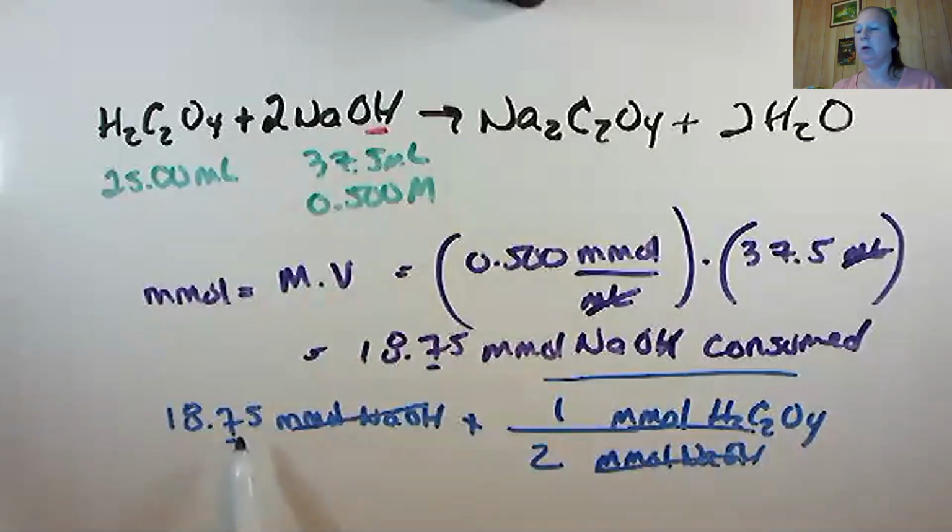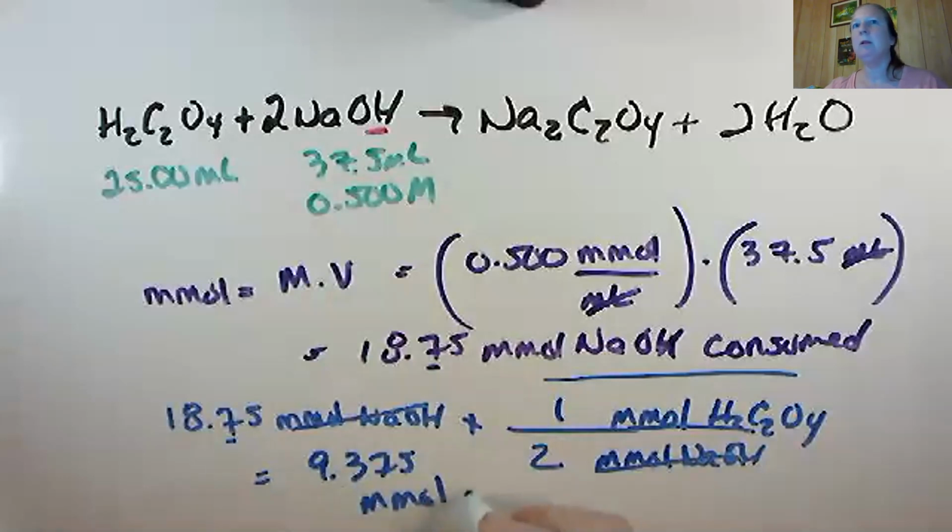I divide 18.75 by 2, and I get 9.375 millimoles of oxalic acid. Again, underline my 7, to let me know I still only have 3 sig figs, but I don't want to drop numbers yet because it makes a difference in my final numbers.